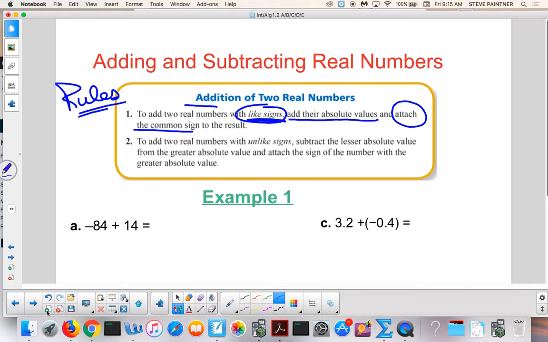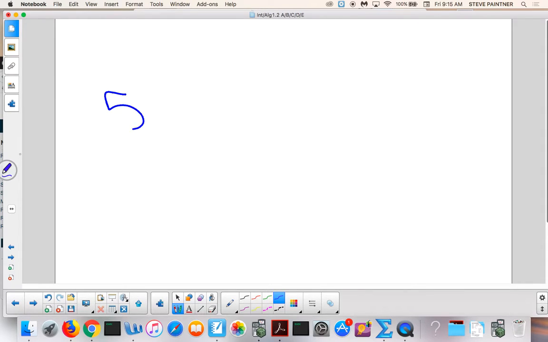Let me just show you quickly what they're saying. 5 plus 10. Simple, right? Answer's 15. But this is what they're trying to tell you. The number 5 is positive, plus the number 10 is positive.